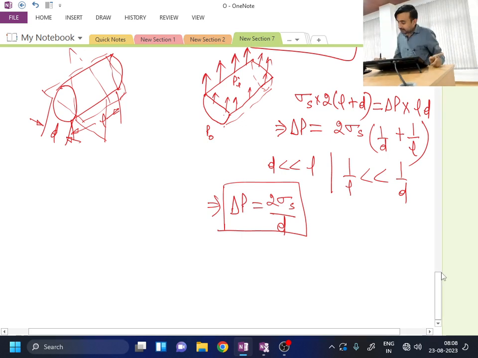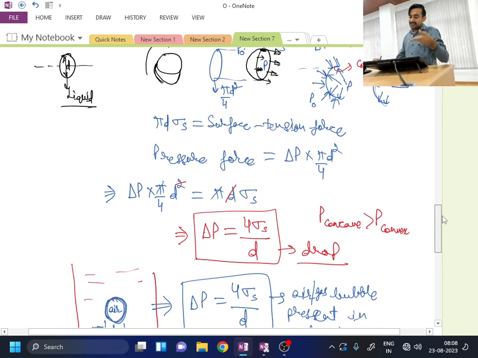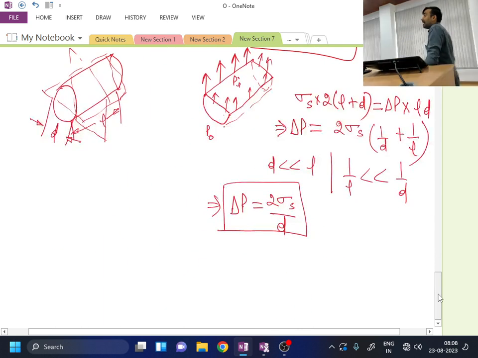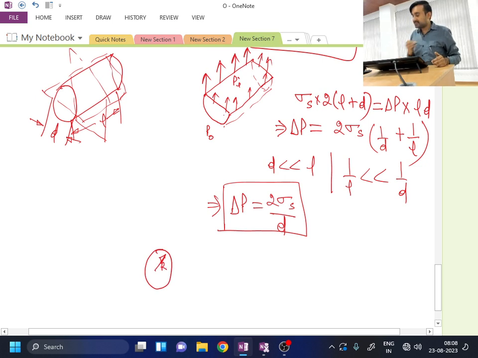Now, whatever concept I have explained in terms of forces, the same concept can also be explained by considering the energy concept. Okay, how? You can consider that initially you are having, say, a drop of radius r, and you have subjected it to some force so that it is elongating through some radius dr. If it is elongating through some radius dr, then what will be the work due to surface tension?